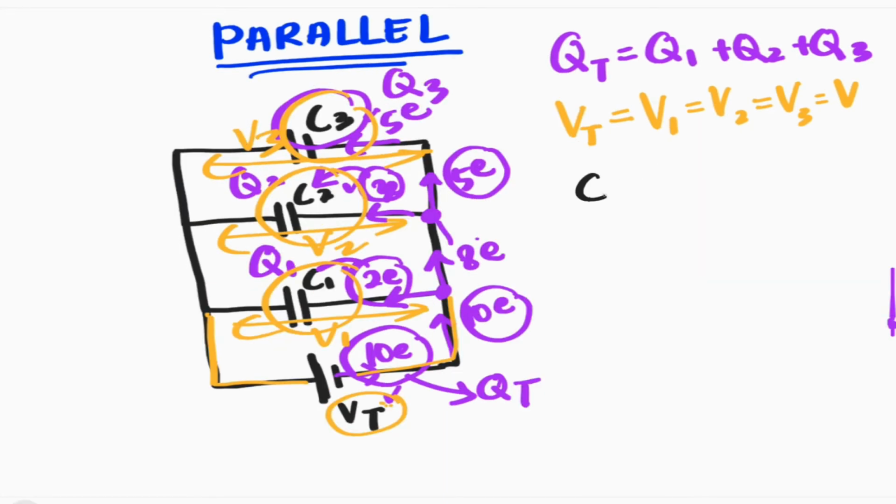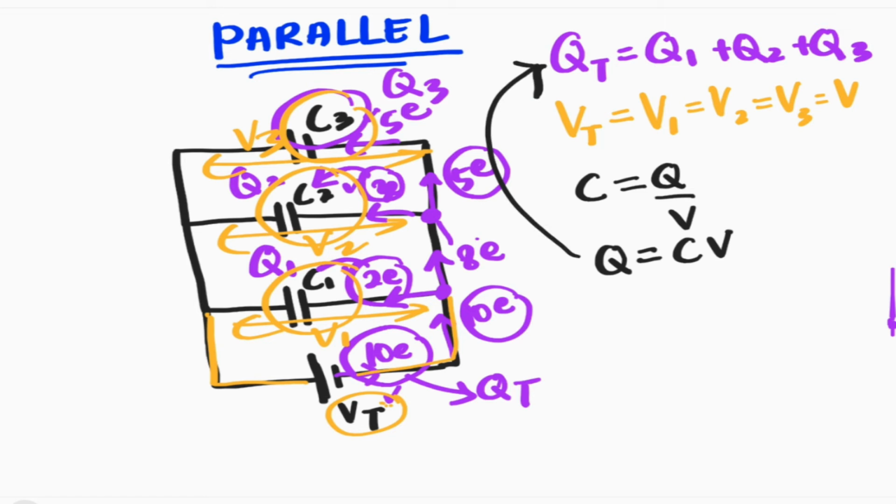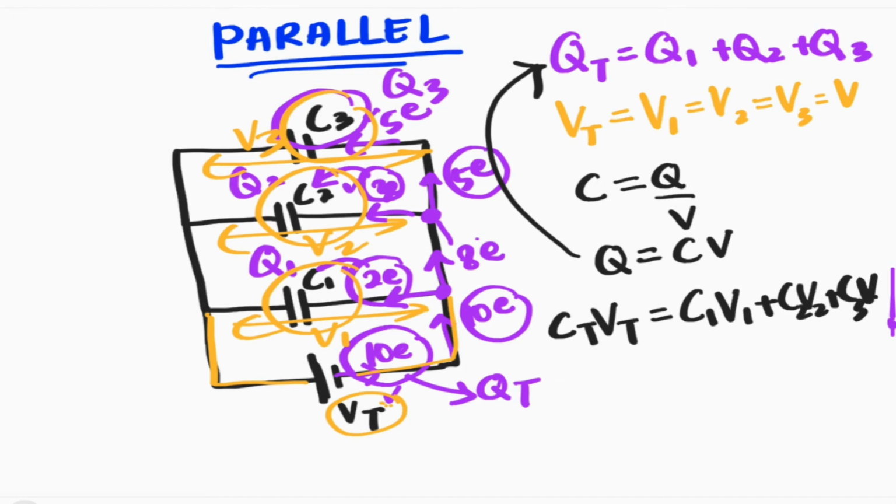Know that C equals Q over V, so that means Q equals CV. So we substitute this equation into this concept. That means C total V total equals C1 V1 plus C2 V2 plus C3 V3.